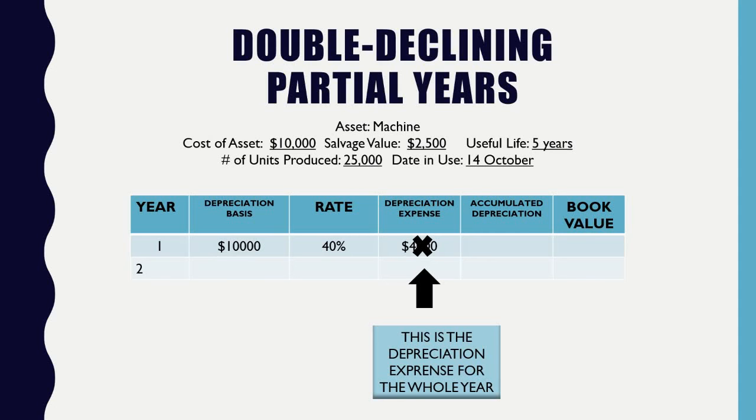So now we're going to have to go back and think about it. We have to depreciate October, November, and December. How many months is that? 3. And how many months are in 1 year? 12. So we need to calculate 3 out of 12 months. In this case, that's 1/4.